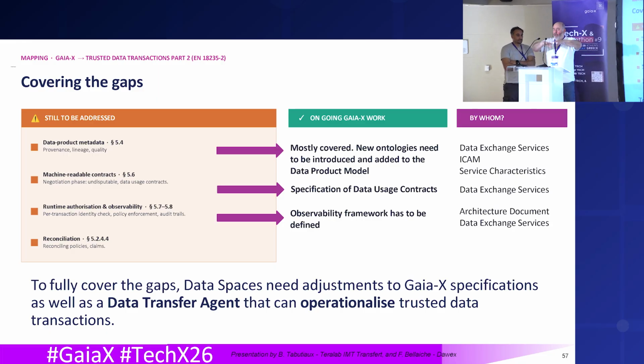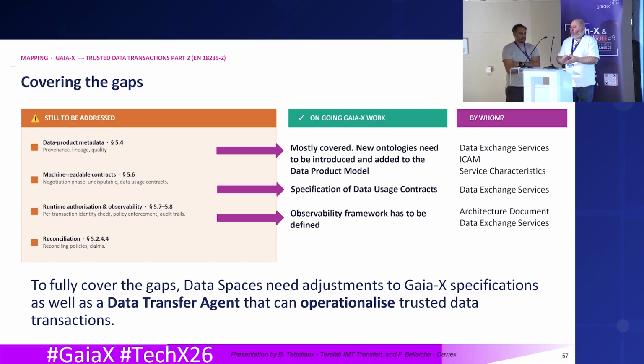But I think we need to go beyond the data exchange working group, because observability is a general topic and has to be tackled at the architecture document somewhere. So it has to be defined, and it's yet something to be done. It's not necessarily very hard to do, but we have to do it carefully, taking into account all the layers that we have inside Gaia-X.